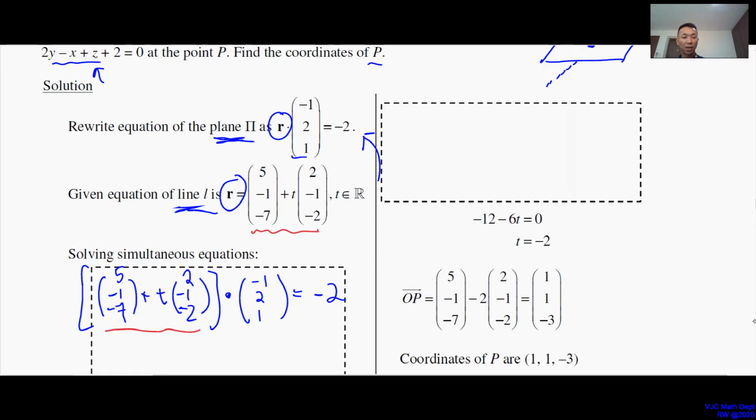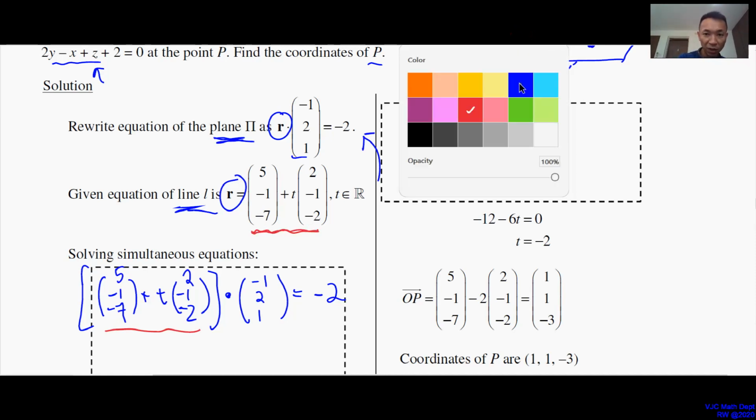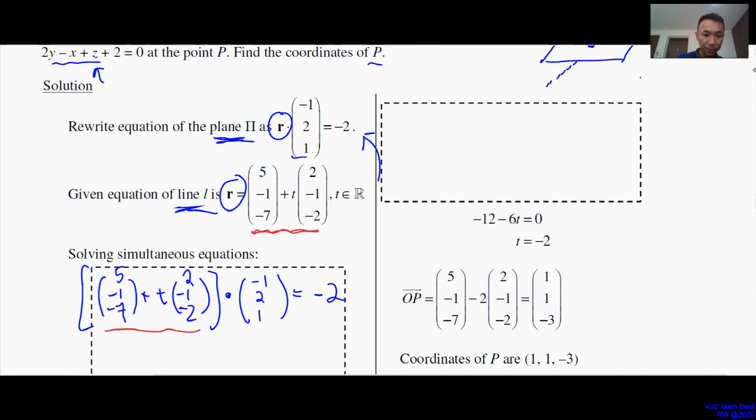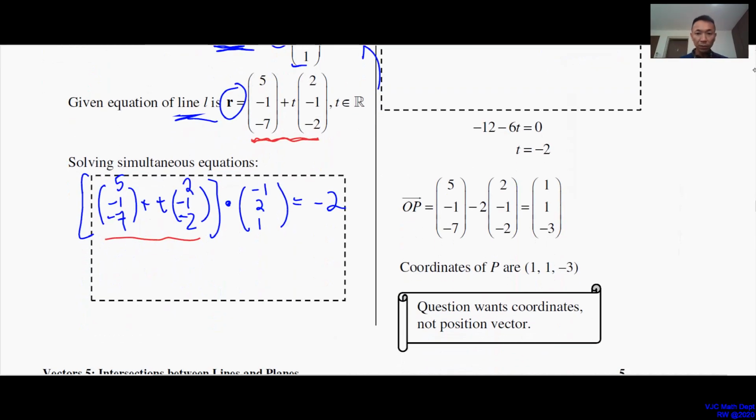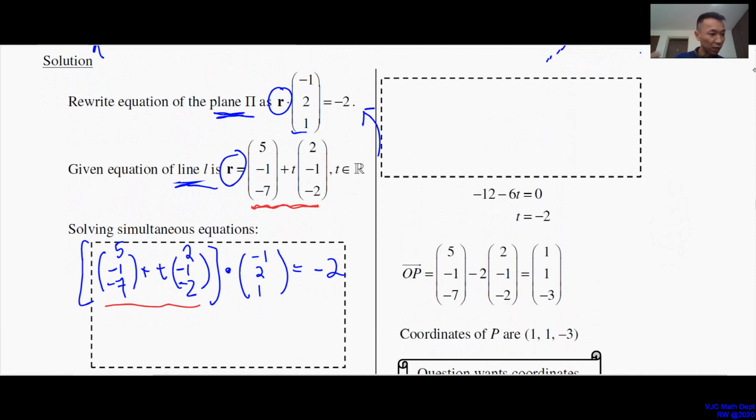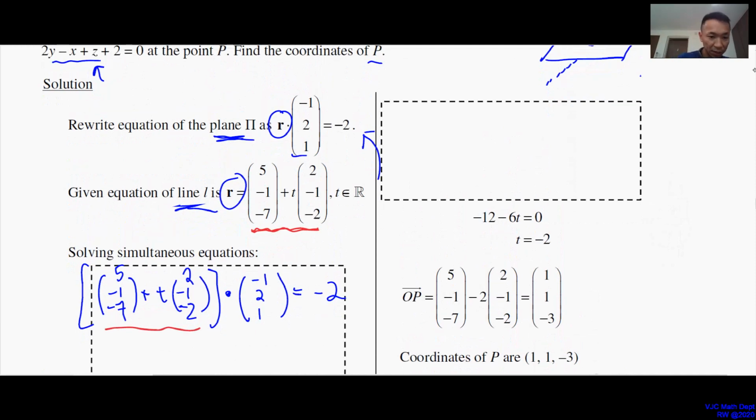The equation, this part, the r, the position vector must satisfy both equations. So let's do that. And then I'll go to the next part. Then we just dot. We know there's this distributive property of dot product.